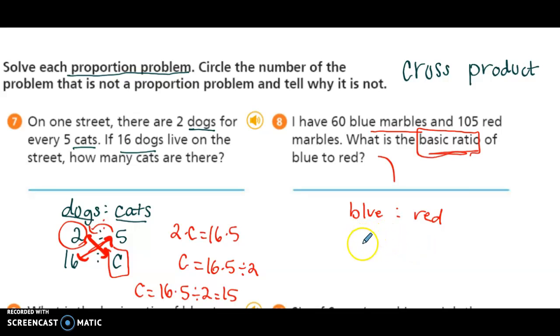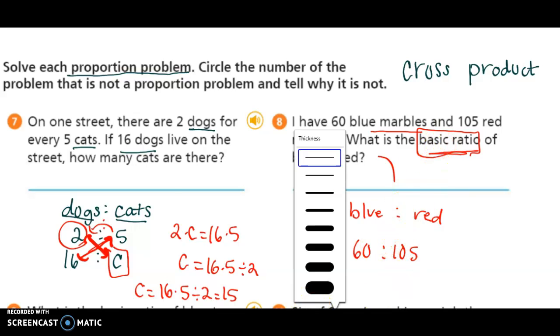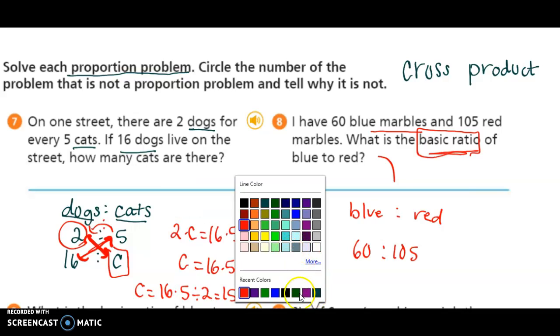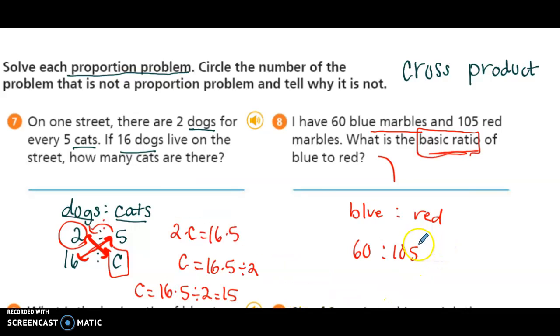And you'll understand why I put so much space here. 60 blue marbles to 105 red marbles. And they're looking for the basic ratio. I'm going to switch colors here because I can. And that means I am looking for the greatest common factor of this ratio. I'm looking for the basic ratio, so I'm trying to simplify this ratio.